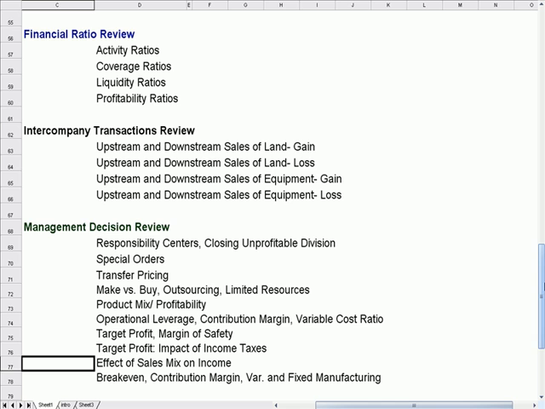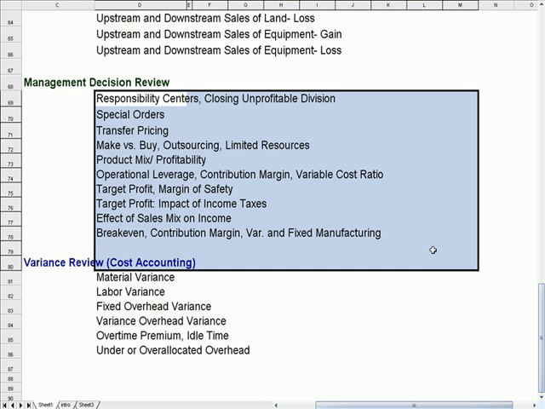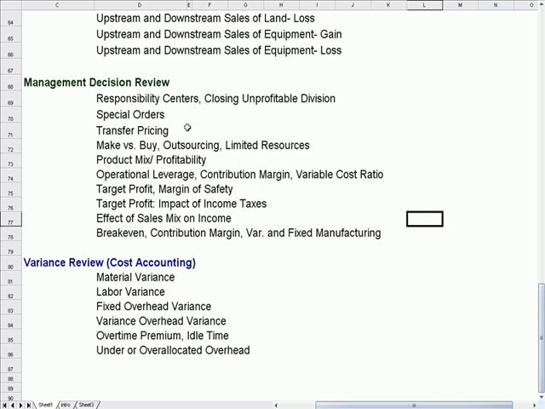Management decision review, and this is sort of a hodgepodge, a collection of the questions on management accounting I'm most often asked and they're most often tested. Closing an unprofitable division, should I accept a special order? Transfer pricing, how does Division A price a product when they're selling it to Division B?